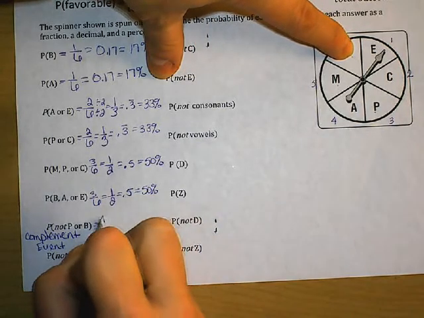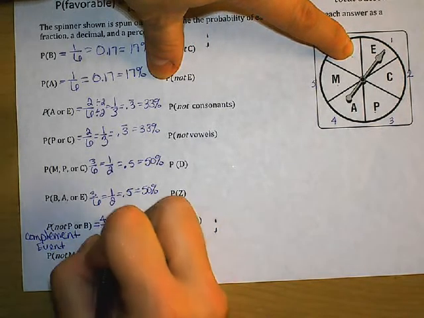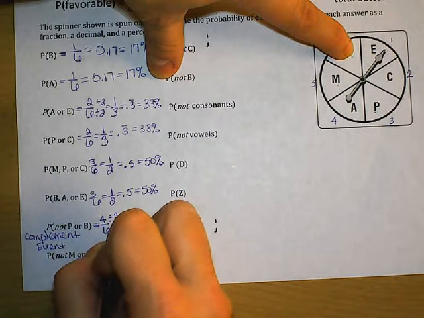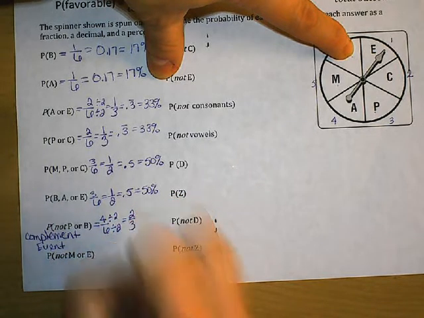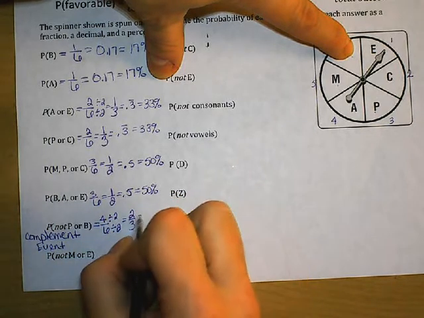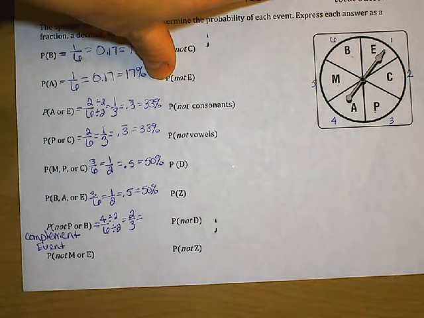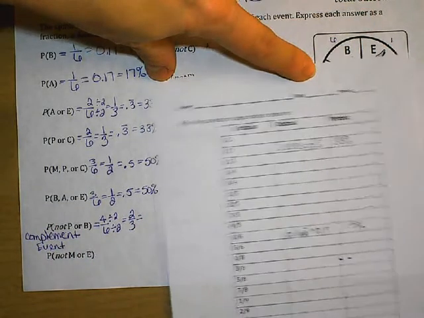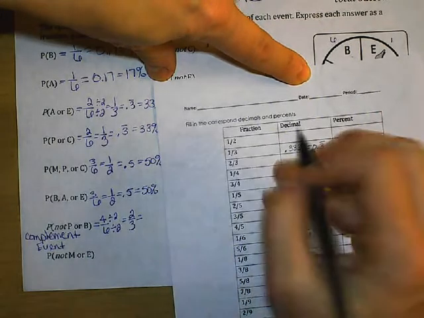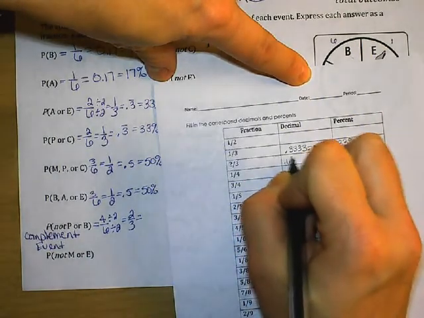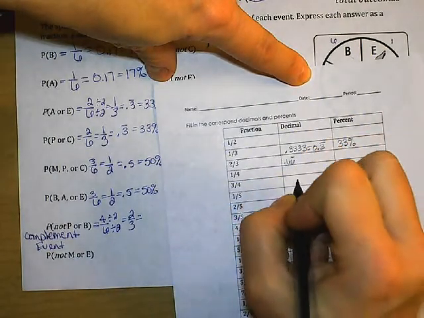So this probability is going to be 4 out of 6. I do need to simplify this by 2, and I get 2/3. I think this one is 0.6 repeating, but there's a couple of rounding things I need to do. So I'm going to take a look at my list. I know that it's 0.6 repeating.